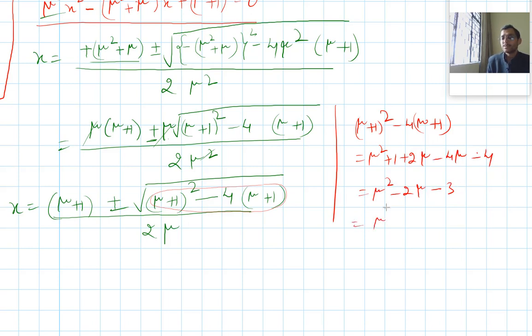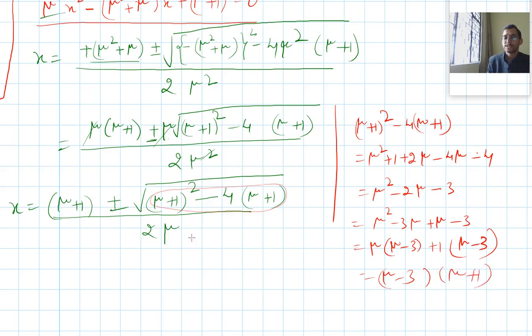So here it is mu square minus 3 mu plus mu minus 3. So here I can write mu minus 3 plus 1 mu minus 3. So it is mu minus 3 and mu plus 1. So these are the factors of this.